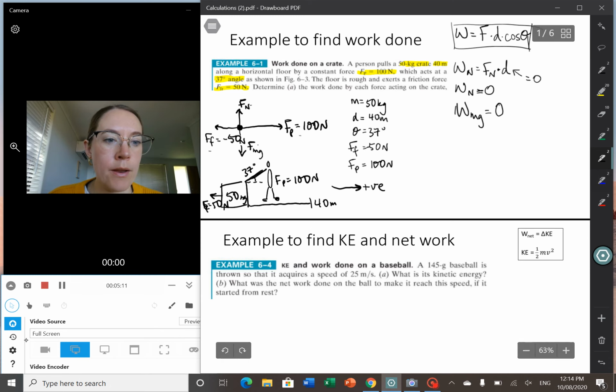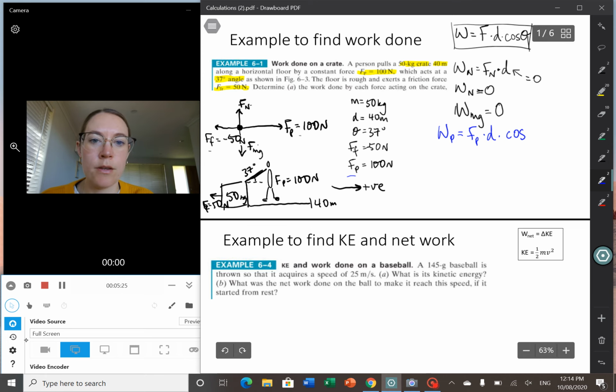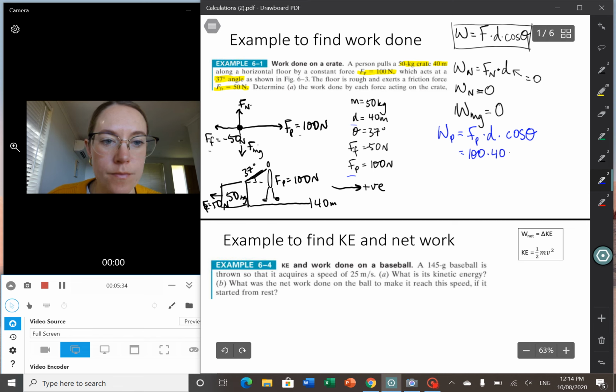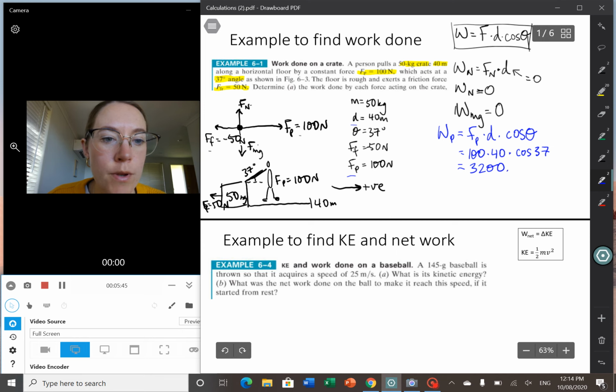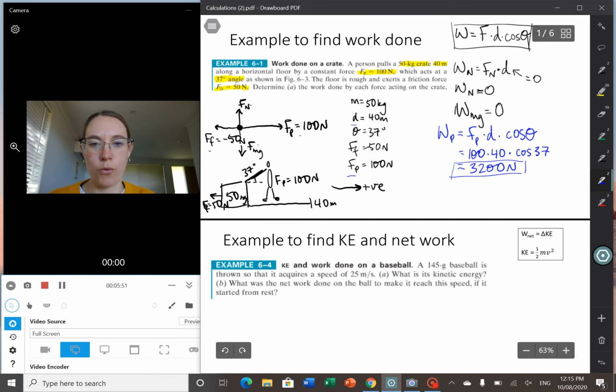When I have a look at my work being done by the pull force, I can substitute my values in. And that will give me 3,200 joules of work being done by the pull force.